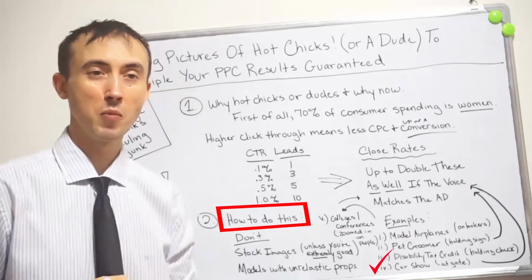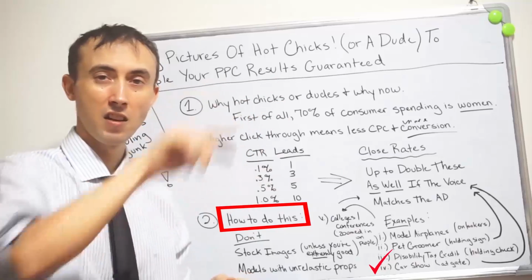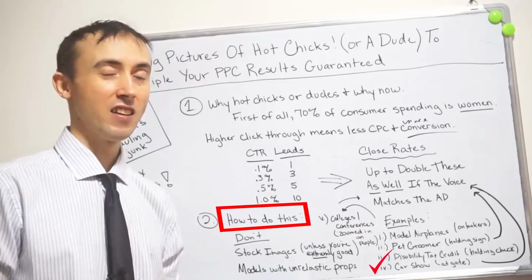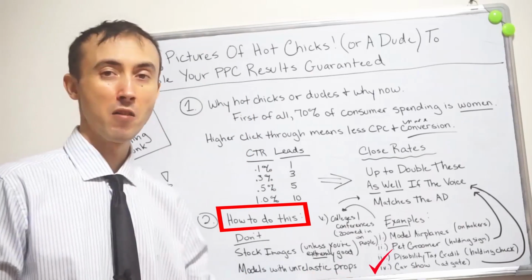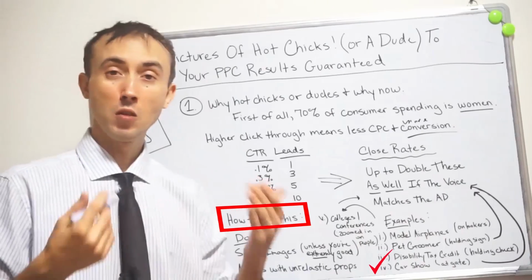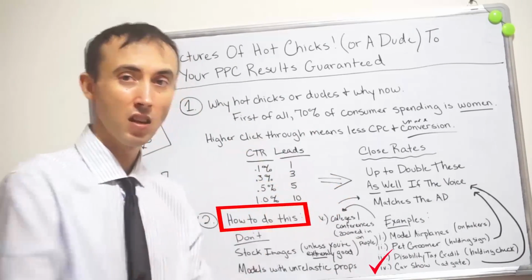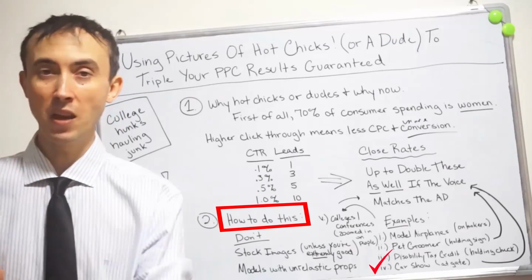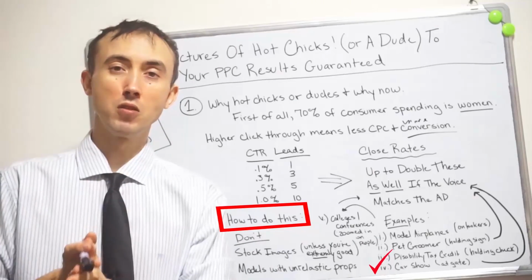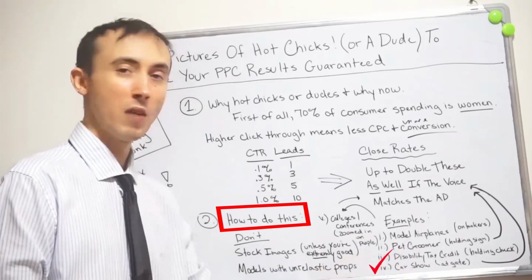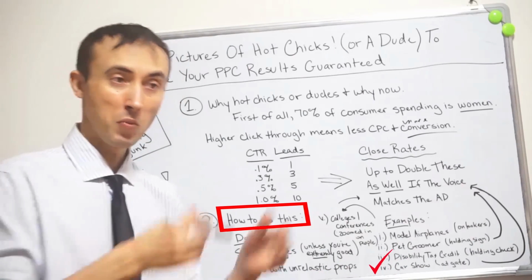And I haven't talked about it already, but this applies to any landing page stuff. If your banner ad has a picture of two chicks, on the landing page you're going to want the full-size picture of the two chicks. And that goes for all the rest of these, as I mentioned. So people know when they get to the landing page, you bait and switch them, even though they should know that.